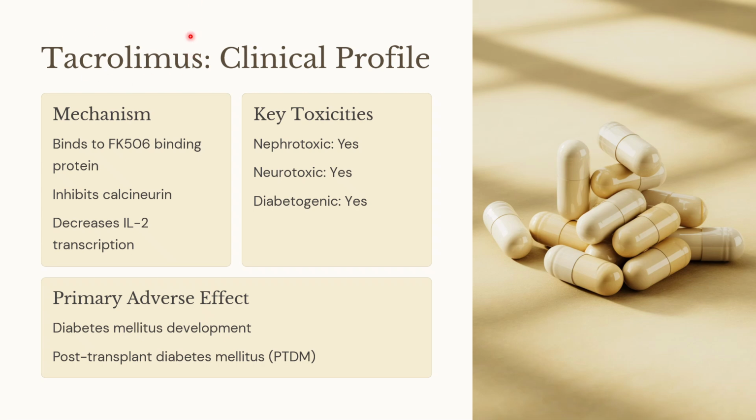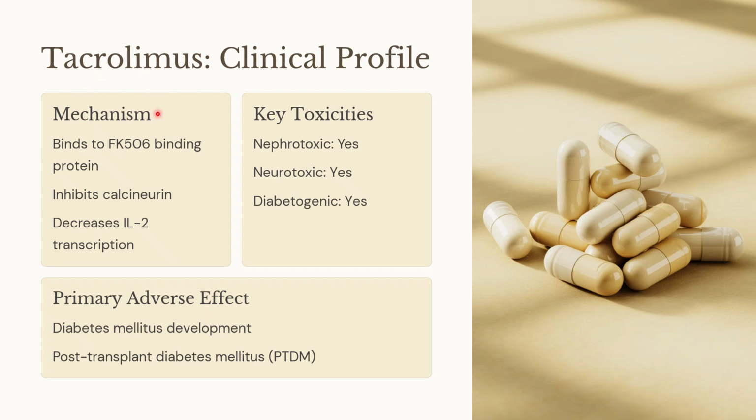Tacrolimus. What is the clinical profile? Tacrolimus is similar to cyclosporine in inhibiting the calcineurin, but it inhibits via a different binding partner. What is the binding partner? The tacrolimus, it is the FK506 that will bind to FKBP.